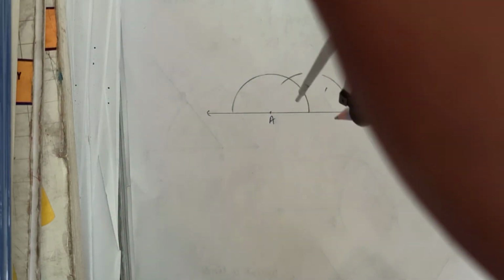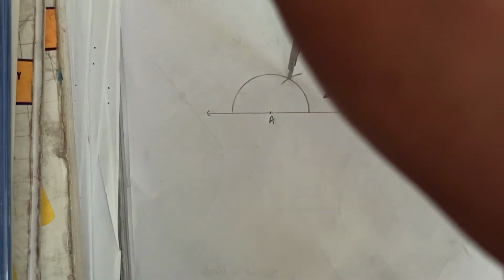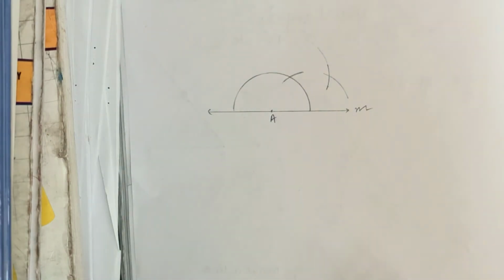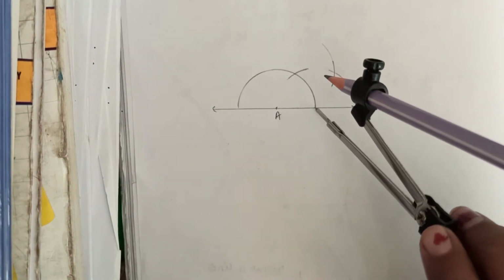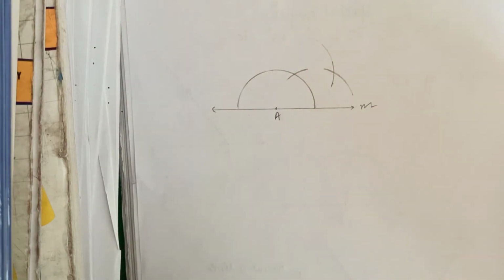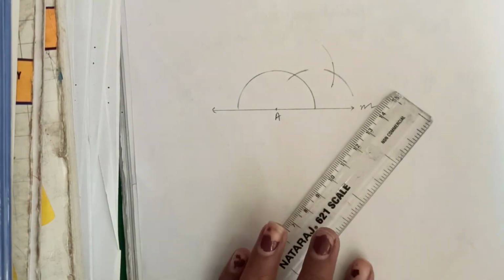Then mark an arc like this. One from this side and one from this side. Right? Now you will join it.